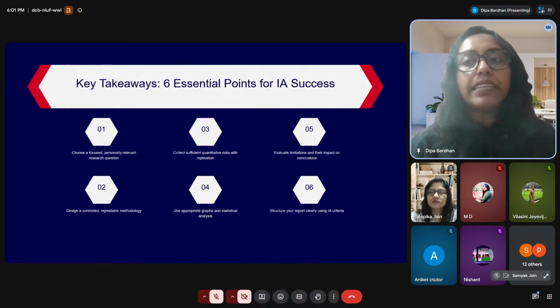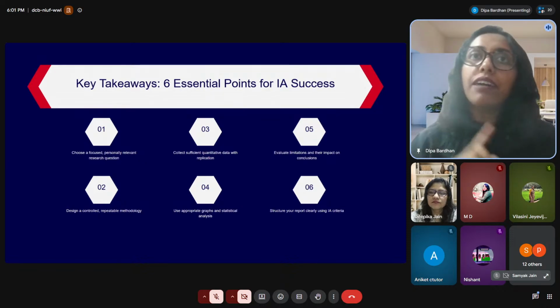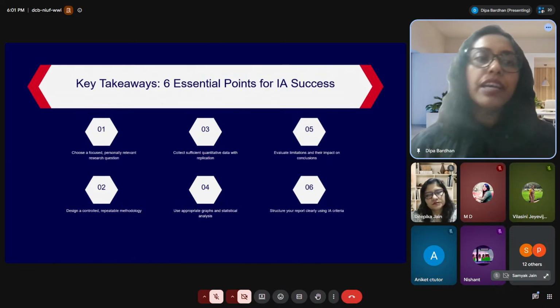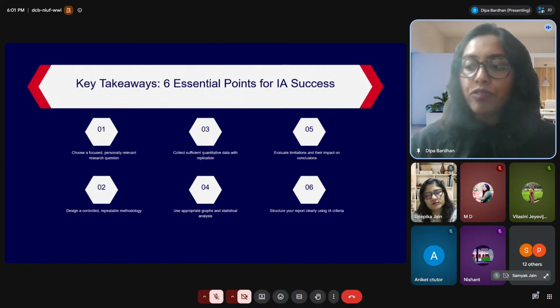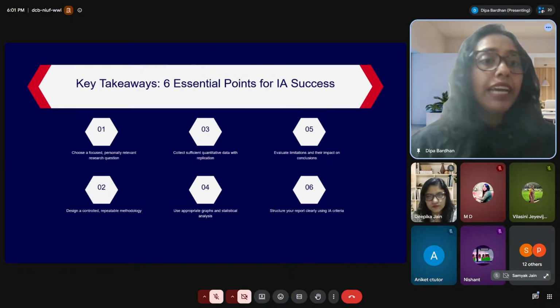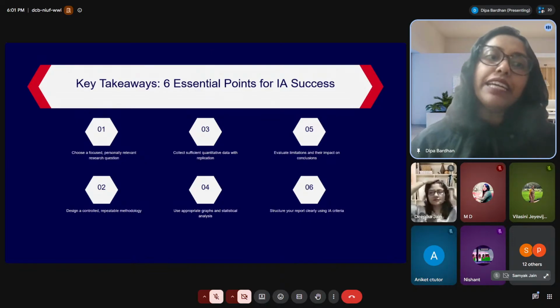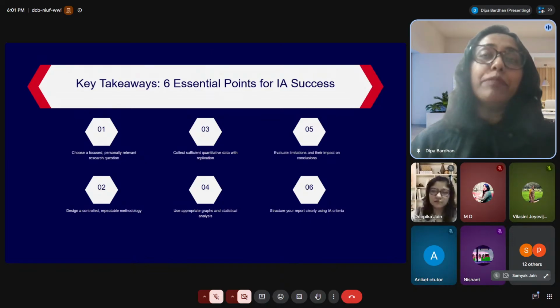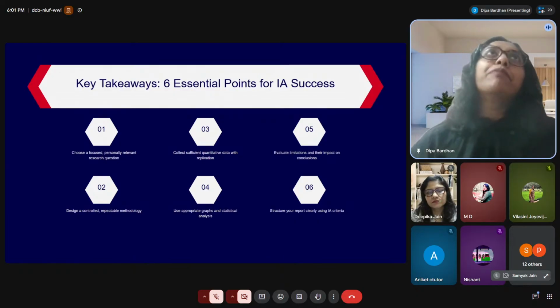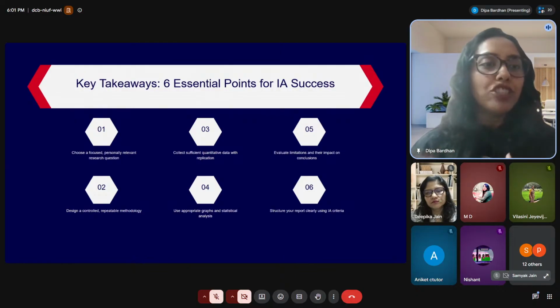Evaluate limitations and their impact on conclusions. It's a 100% must. You include what the strengths of your investigation are, and at the end in the evaluation, the limitations. Identifying limitations, recognizing that these were limiting your study: many students are not very comfortable presenting the limitations of their study.